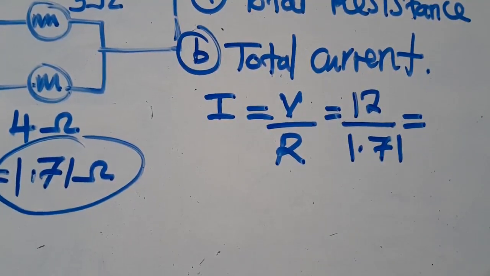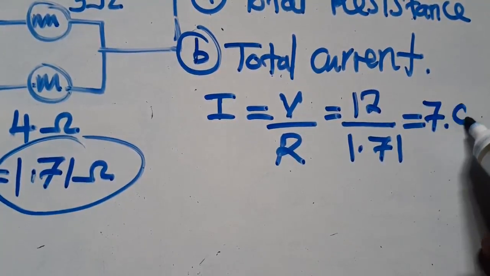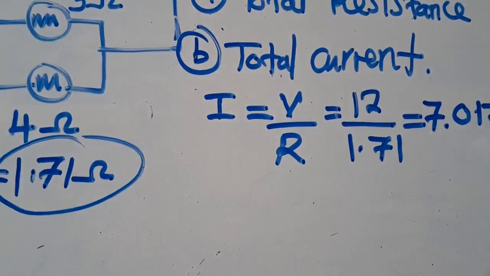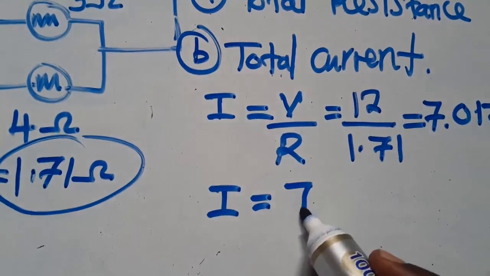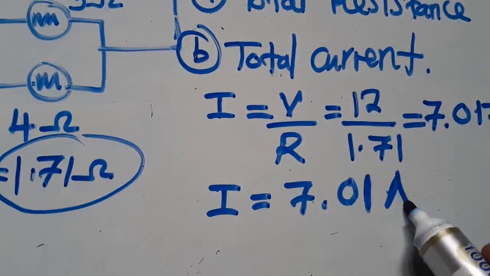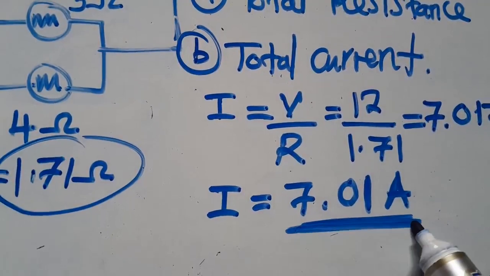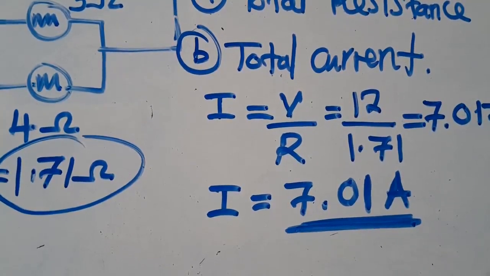And finally, what is my answer? I say 12 divided by 1.71. What answer am I getting? It's 7.017. Then finally, I can say the total current is equal to 7.01 amps or amperes. Units are very important in physics.